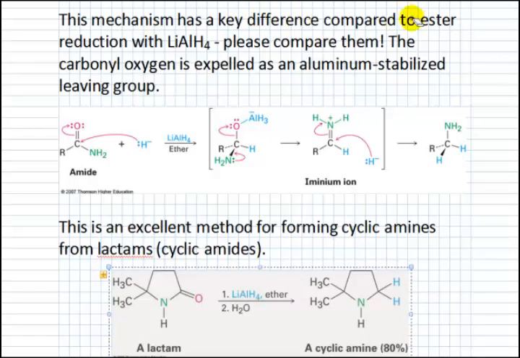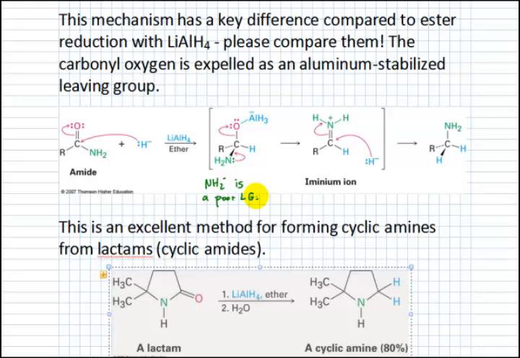This mechanism has a key difference compared to ester reduction with lithium aluminum hydride. Get these two mechanisms next to each other as you're studying and actually compare them. So look what happens. First step is the same. Hydride adds to the O minus, but then our NH2 is not the leaving group. O complexed with aluminum is actually a better leaving group than NH2 minus. Remember, I told you before, NH2 minus is a poor leaving group. That's one of the reasons amides are so unreactive, especially in basic conditions.